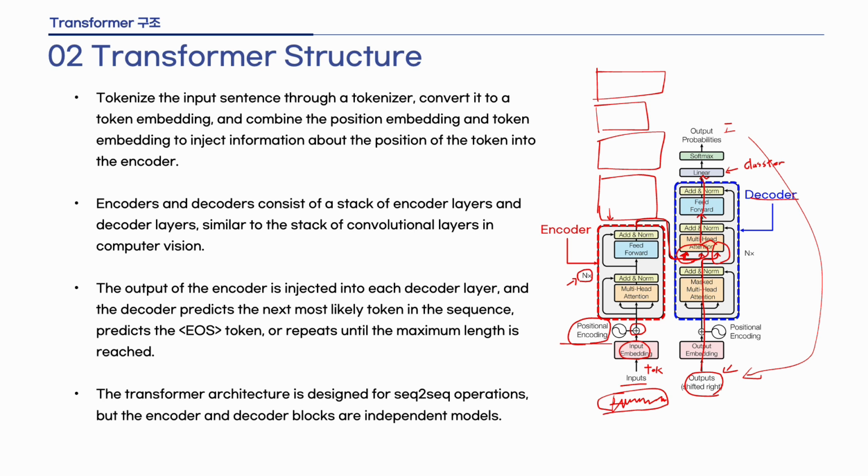Then the system tries to predict the next tokens: 'I like Batman Begins' so far. This is the whole procedure of the encoder-decoder model.